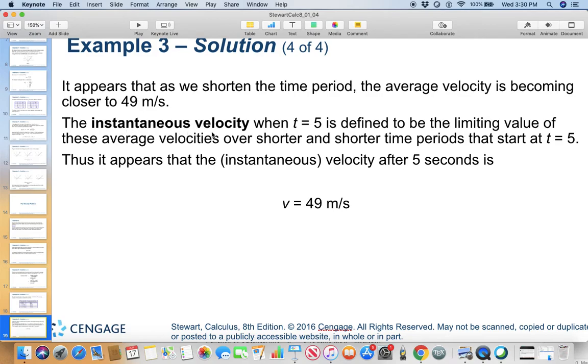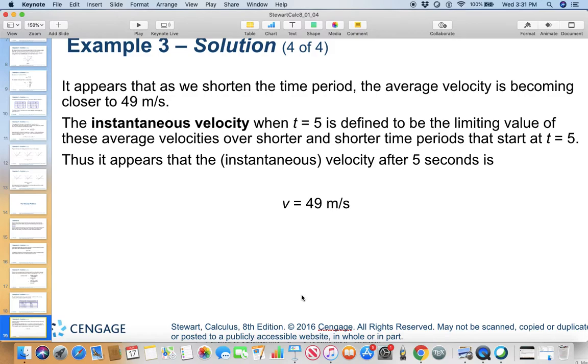So the instantaneous velocity is defined to be the limiting value of these average velocities over shorter and shorter time periods, starting at 5. So it appears from our calculation that the instantaneous velocity after 5 seconds is v = 49 meters per second. Okay, so this is an example of the velocity problem.